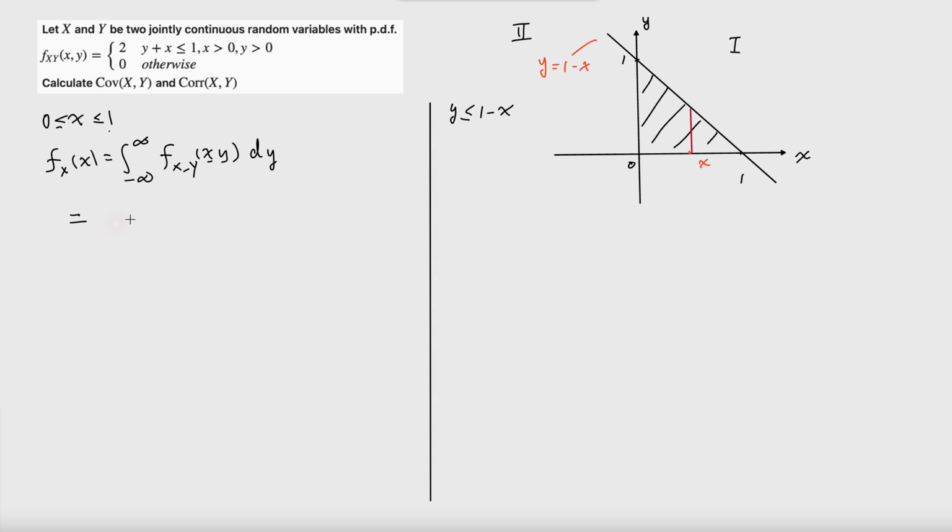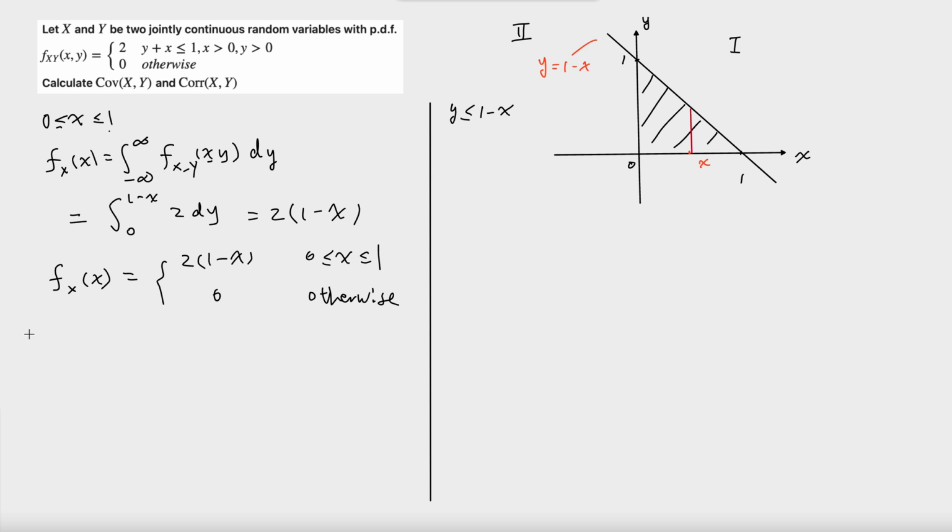So this is equal to the integral from 0 to 1 minus X of 2 dy, which is 2 times (1 minus X). This is when X is between 0 and 1. If X is outside of this range, the joint density is all 0, so the marginal density of X is also 0. So the density function of X is 2 times (1 minus X) when X is between 0 and 1, and 0 otherwise.